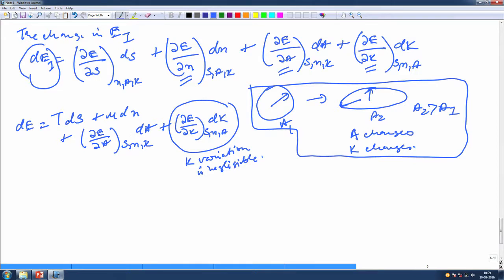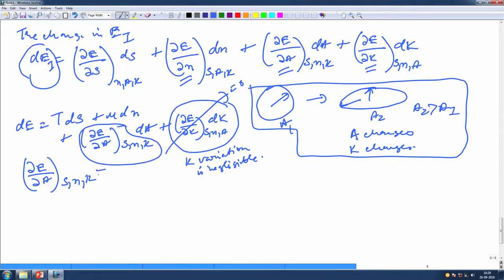What will happen to this particular equation? This last term will actually go to 0. So, we can define this particular term, the derivative of E with respect to A at constant S, N, K, as a quantity called sigma. So, that dE now becomes TdS plus mu dN plus sigma dA.